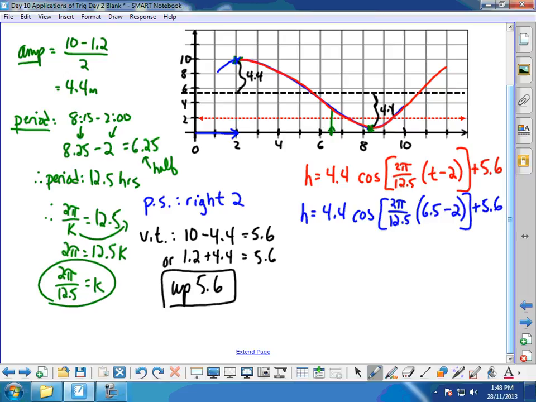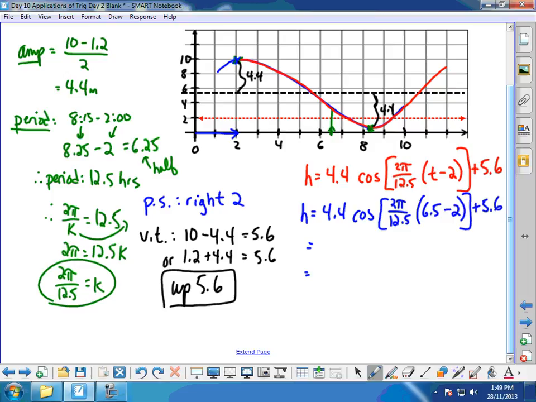I'll give you a moment to try that, remembering all your steps. With 6.5, your first step is to subtract 2. Get some number, multiply it by 2, multiply it by pi, divide it by 12.5. Get some decimal. Take the cos of that decimal. Remember, we're in radians. Get some answer, multiply by 4.4.